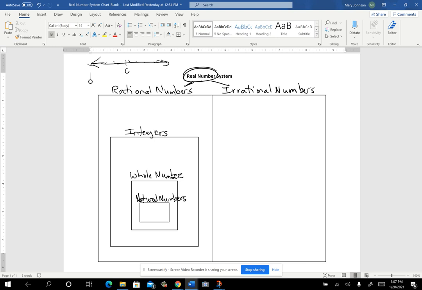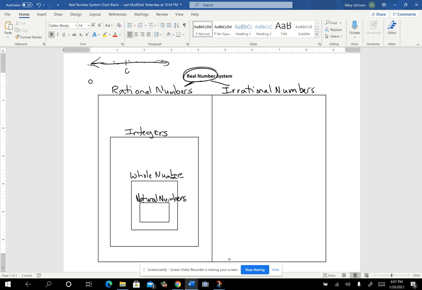All right, now, the way these boxes are supposed to represent is if a region is completely contained within another one, then it's telling you the relationship between those two number systems. So like the natural numbers are completely contained within the whole numbers. So every natural number is also a whole number.